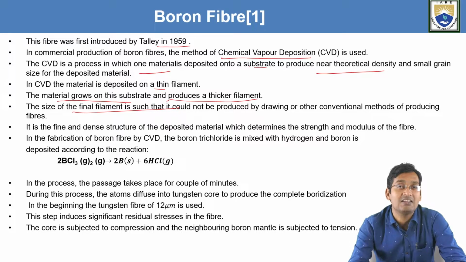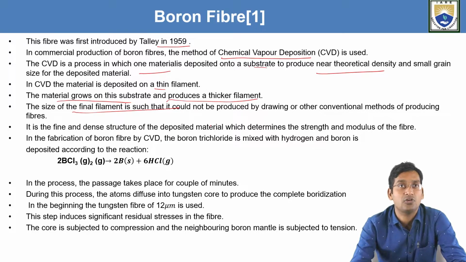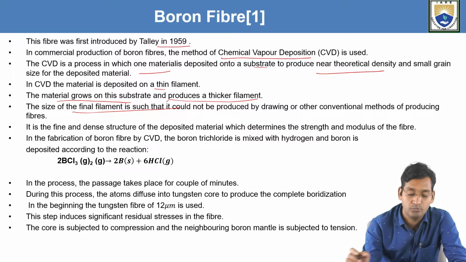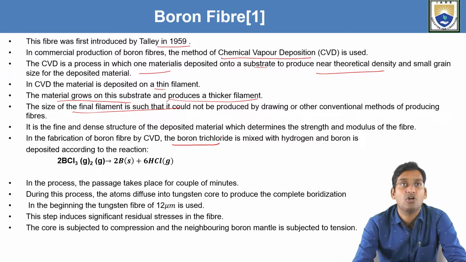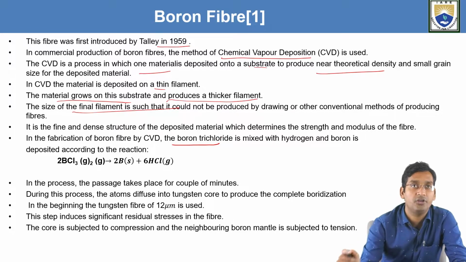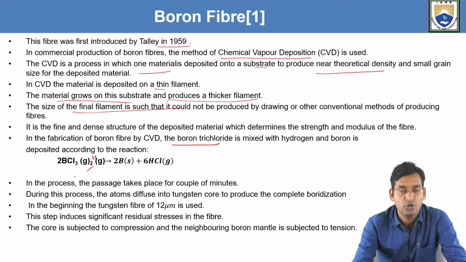It is the fine and dense structure of the deposited material which determines the strength and modulus of the fiber. In the fabrication of boron fiber by CVD, boron trichloride is mixed with hydrogen and boron is deposited according to the reaction 2BCl3 + 3H2 gives 2B + 6HCl.